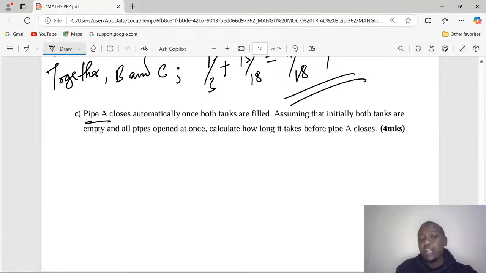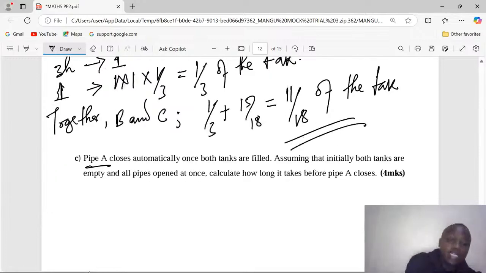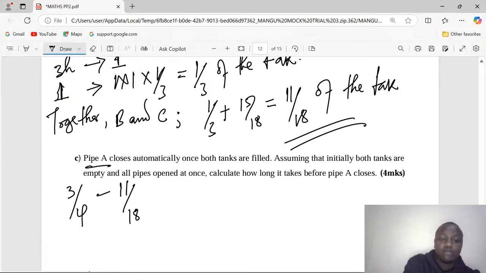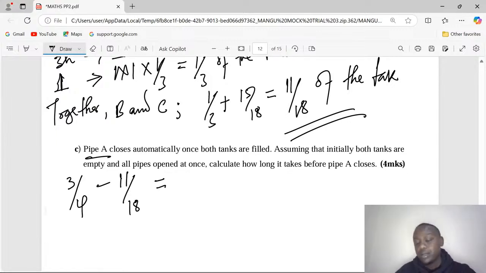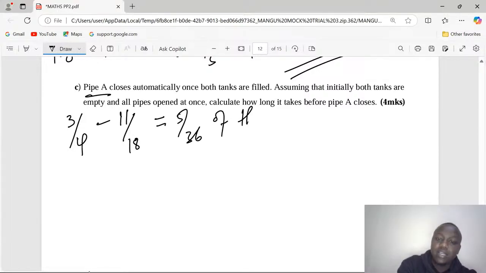So when we open all of them, A is going to fill 3 over 4, but the other two are emptying 11 over 18 per hour. So in 1 hour, the net fraction filled, because A fills 3 over 4 and B and C empty 11 over 18, will be 5 over 36 of the tank.